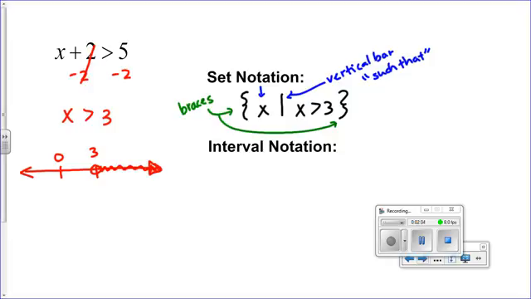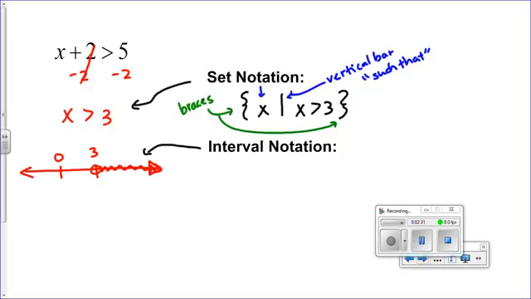Okay, interval notation. So interval notation is based off our number line. So the set notation is based off your solution. The interval notation is based off the number line. So number lines use parentheses or brackets.